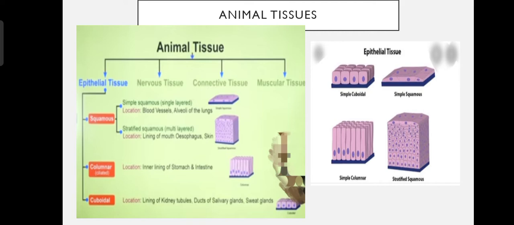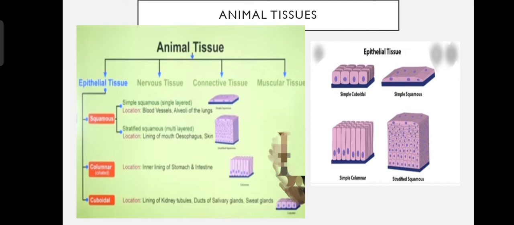So, on the basis of the shape of cells, epithelial tissue is classified into three categories, that is squamous, columnar, and cuboidal. We will learn each epithelial tissue one by one. So first is squamous epithelial tissue.